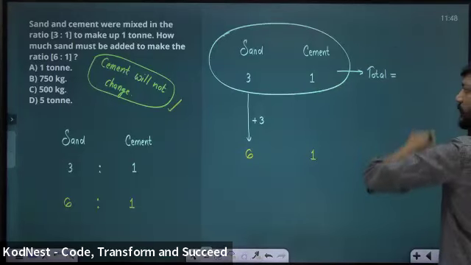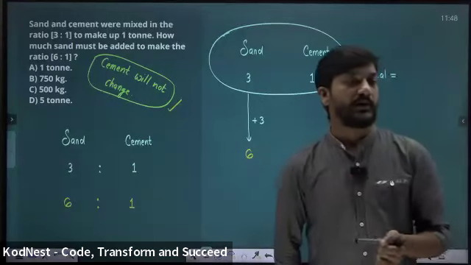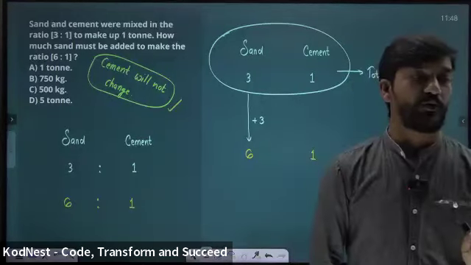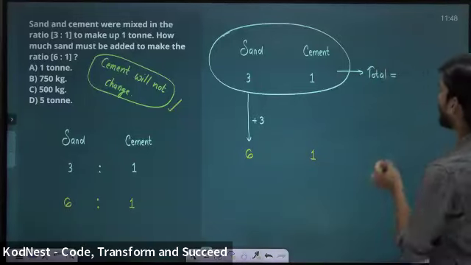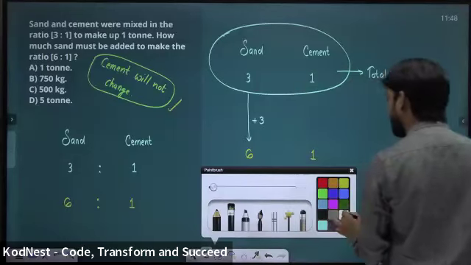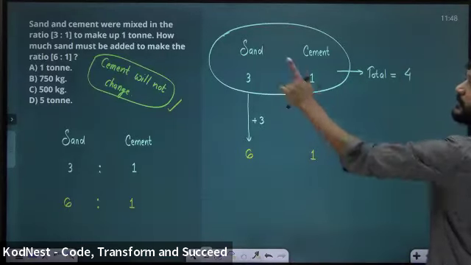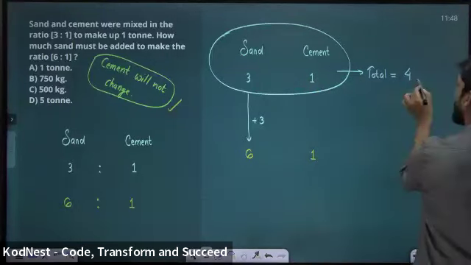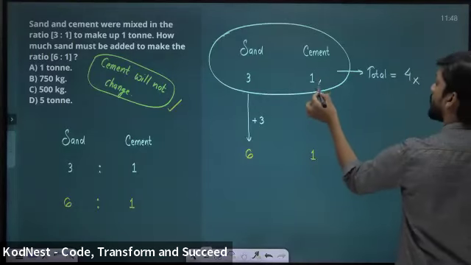Please answer. What is the total of this? What is the total right now? How much? 4 kg. Okay, 4 kg. Total is 4. How much do I want? I want 1000. So what should I multiply so that I get 1000 there?